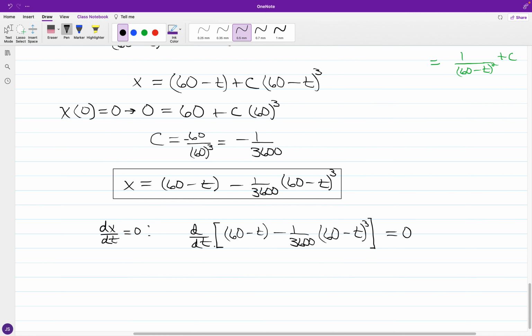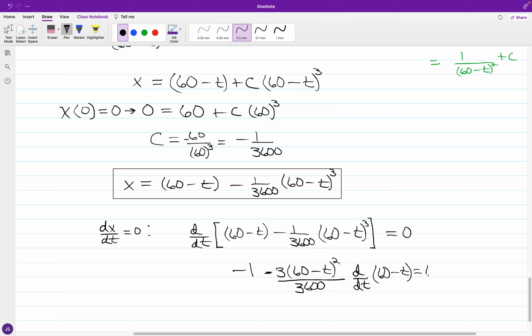Taking the derivative with respect to t, 60 minus t is going to be negative 1. And minus, by the power rule, we have 3 times the quantity of 60 minus t squared over 3600. And with the chain rule, we once more take the derivative with respect to t of the quantity of 60 minus t, and this is equal to 0.